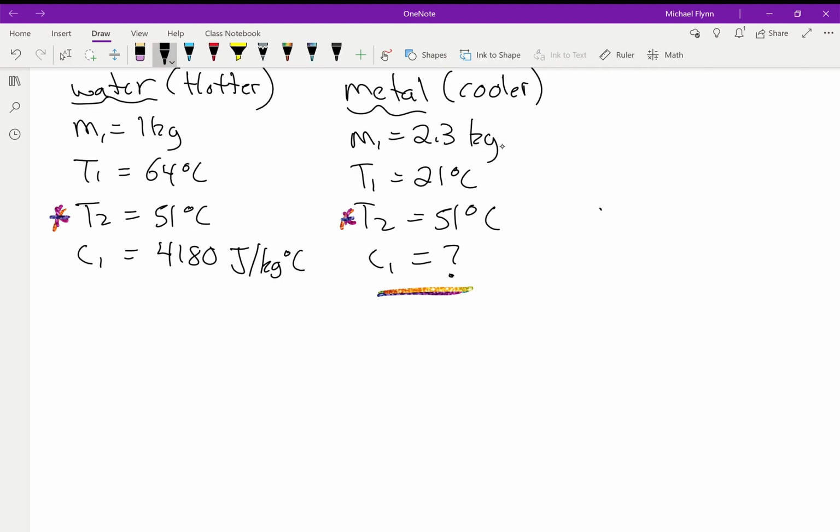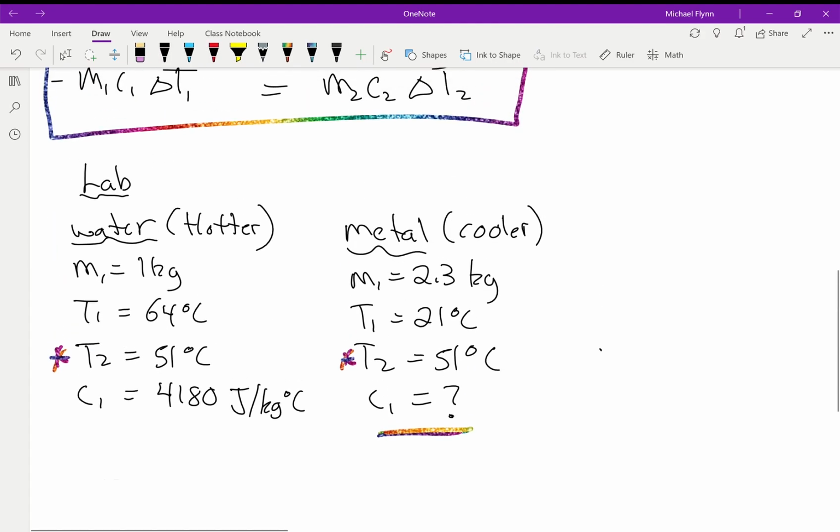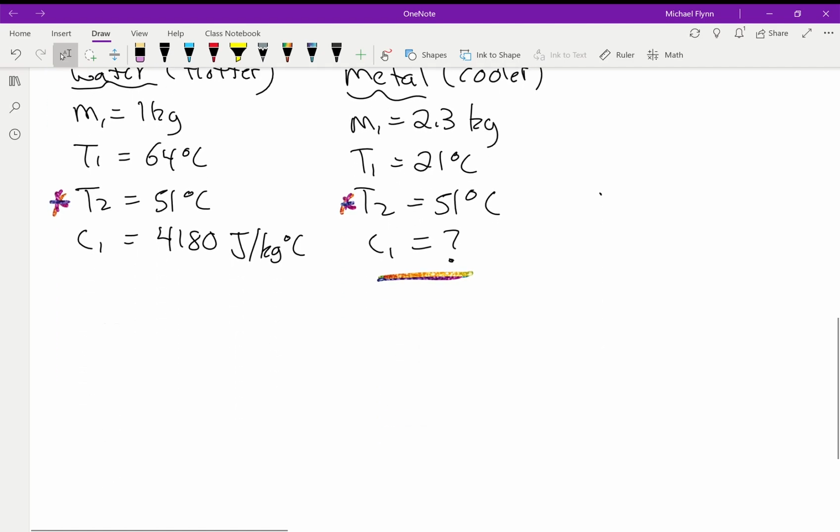I'm going to go M1. Here, the formula is written right there, so I'll just plug the numbers in, okay? On the water side, on the hotter side, water, metal, okay?